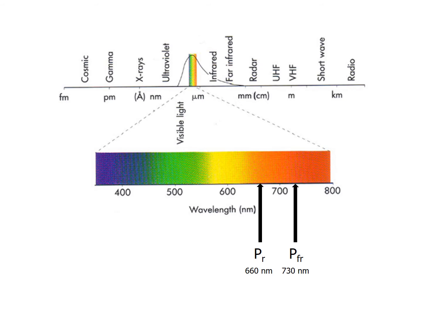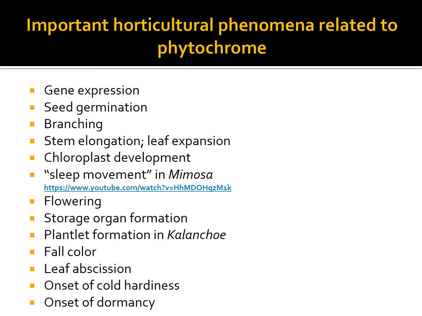So phytochrome red absorbs red light in the 660 nanometer wavelength. And phytochrome far red absorbs far red light in the 730 nanometer wavelength of the spectrum. So these are examples of things that are related to phytochrome. So lots of different aspects of plant growth and metabolism are controlled in part by phytochrome.